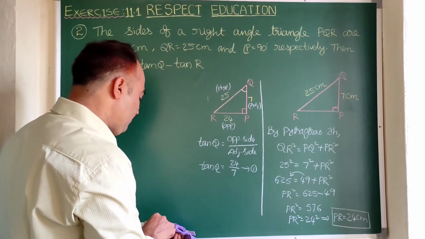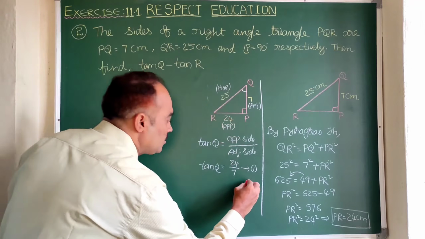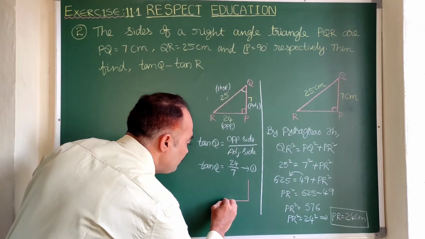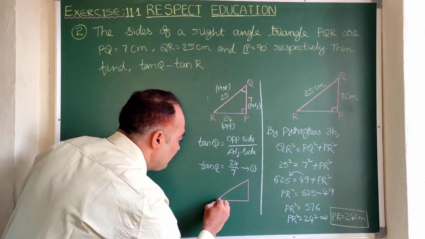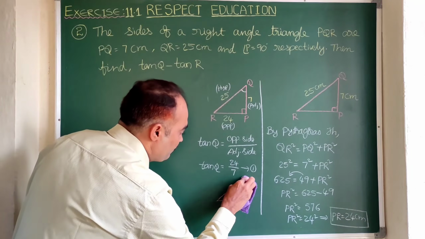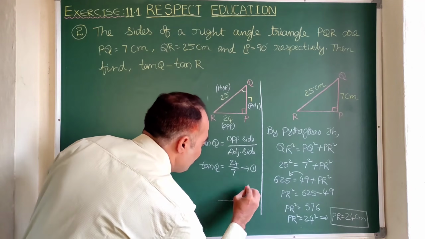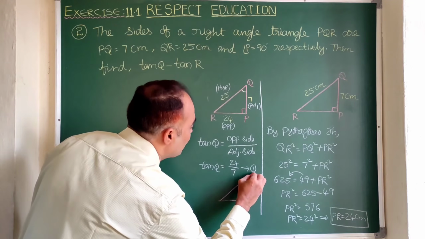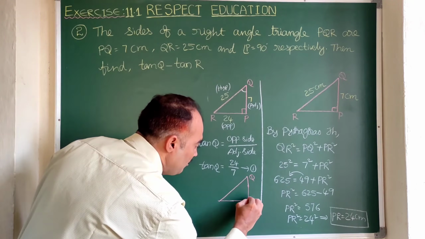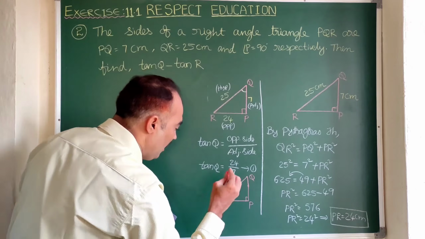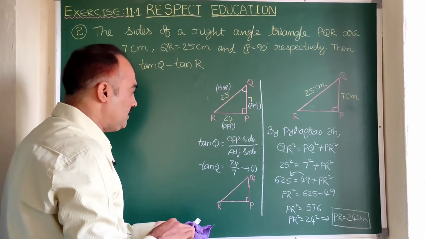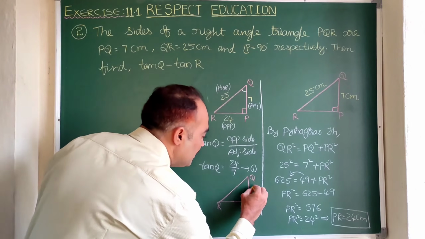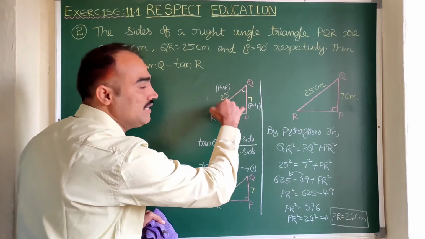Clear? Now we are going to find tan R also. For that, here is Q, here is P, 90 degrees, here is R. Now let us write the values also here. Here PQ is 7. See, these values are fixed.